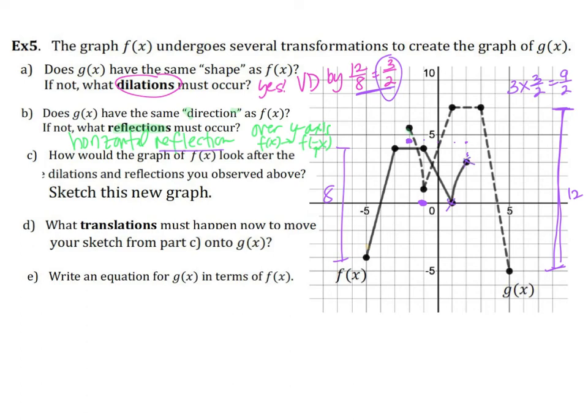Now let's choose this point. Let's choose another one. How about this point here? So this point here is 4 units, 1, 2, 3, 4. So I'm going to take the 4 units. That's the distance from the x-axis, 4 units in height, and I'm going to multiply that by 3 halves.